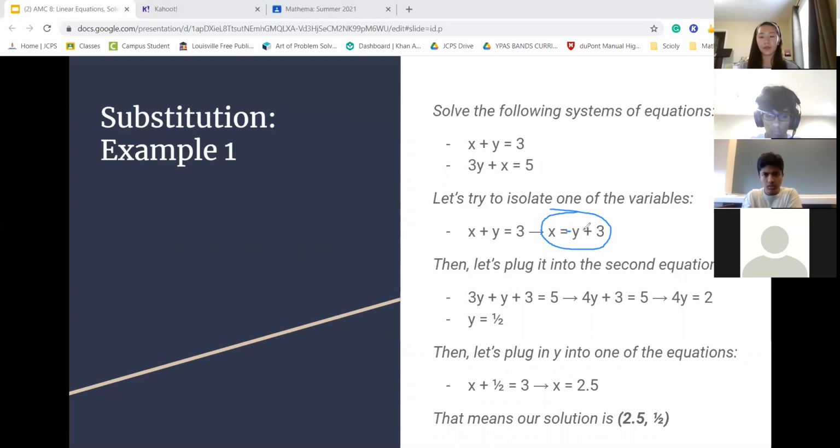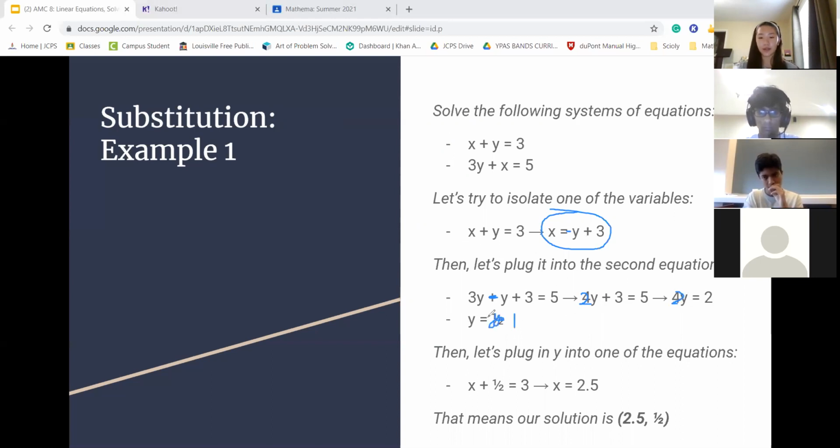Okay, if we plug this in instead, then it'd be 2y plus 3 equals 5. So that means 2y is equal to 2, so y would be 1.